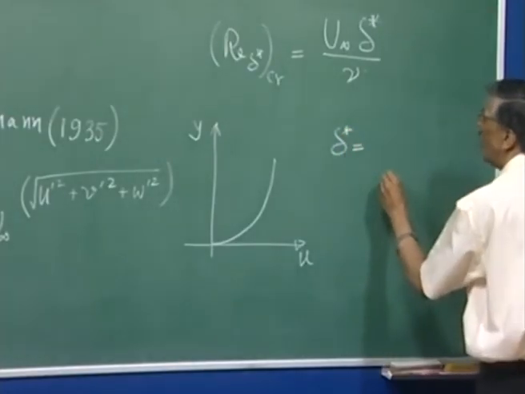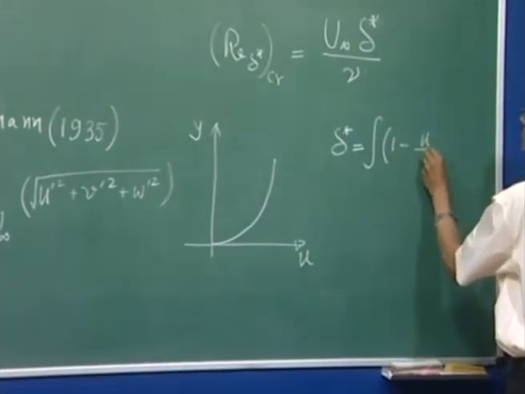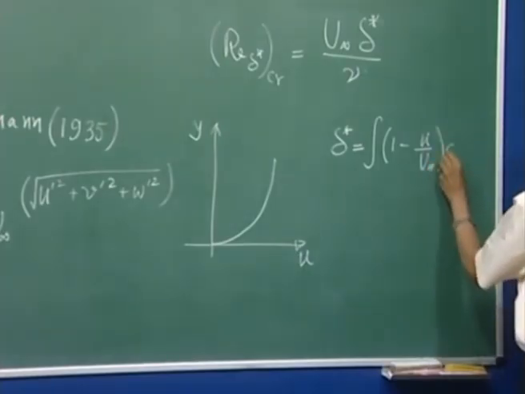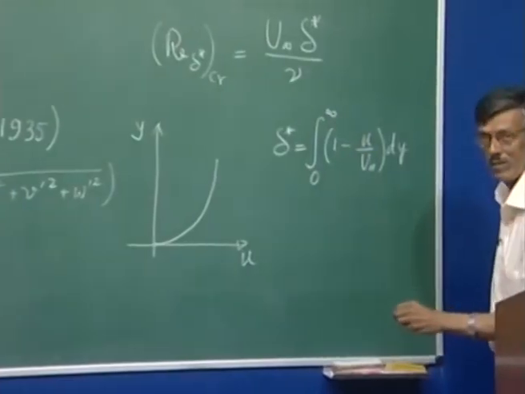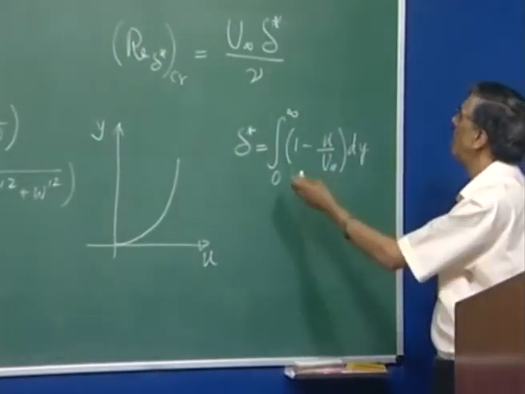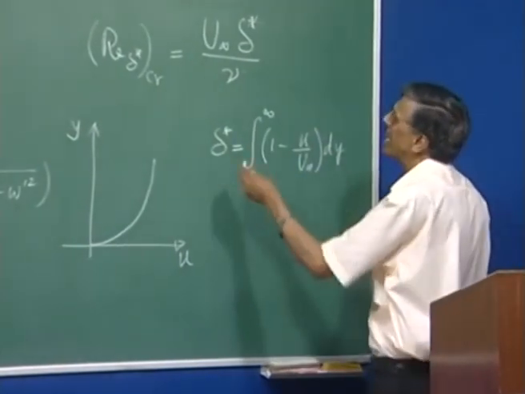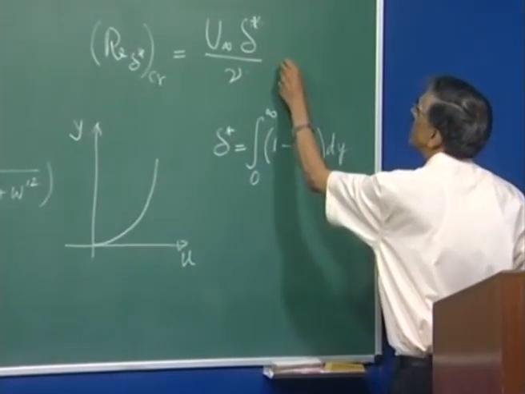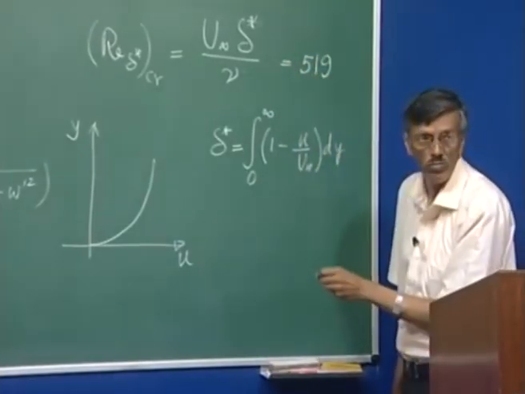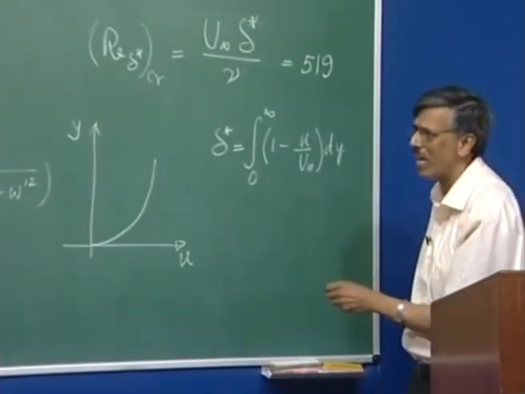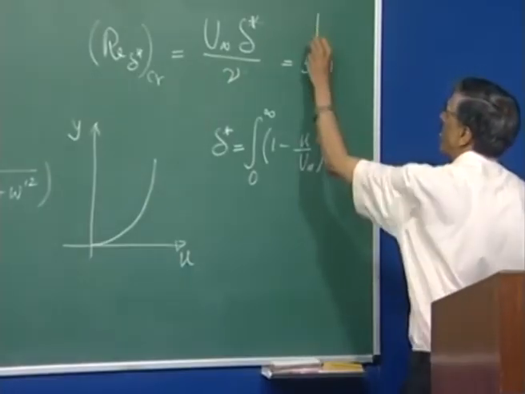For incompressible flow, I will integrate 1 minus u by u infinity dy from 0 to infinity. Okay. So, that is going to be your displacement thickness. If I use that, Re critical for a flat plate is actually 519.2, to be precise. So, this is a very well defined value for a flat plate.